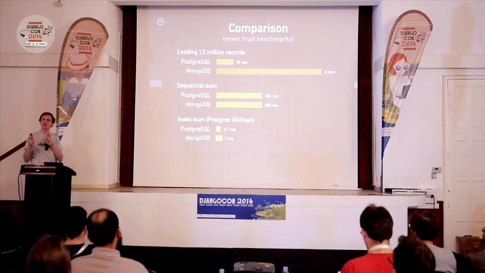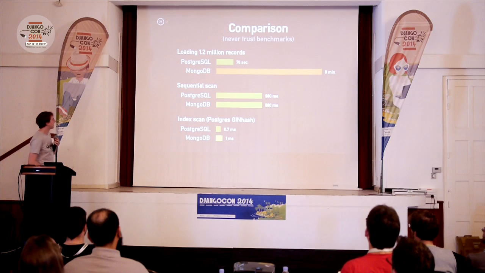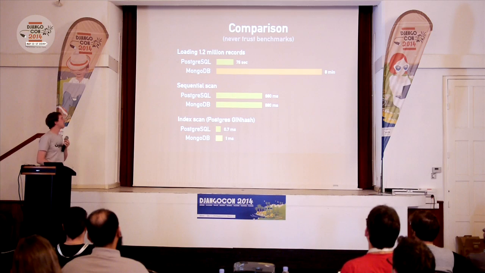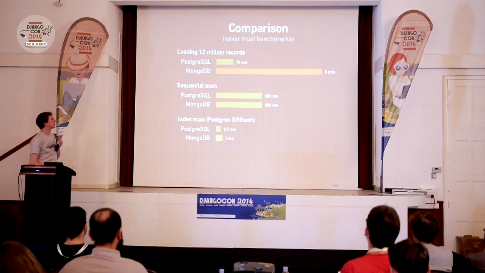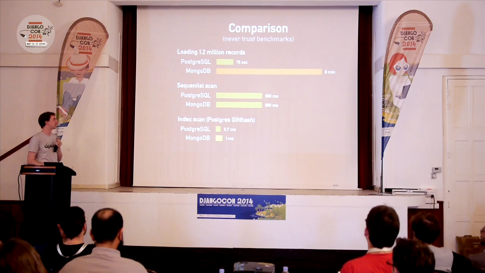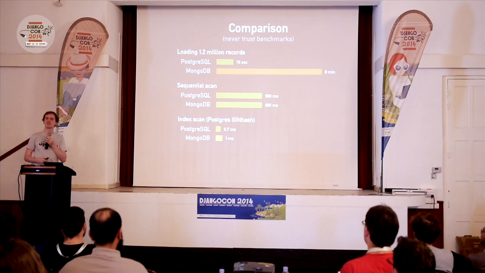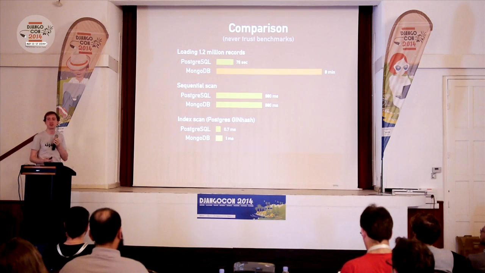So you'd think that storing JSON in a relational database must be slower than MongoDB, right? Well, here is an entirely untrustable benchmark. One of the things being worked on for Postgres, which is not in master yet but is pretty close, is new kinds of index types, especially for the binary JSON format.